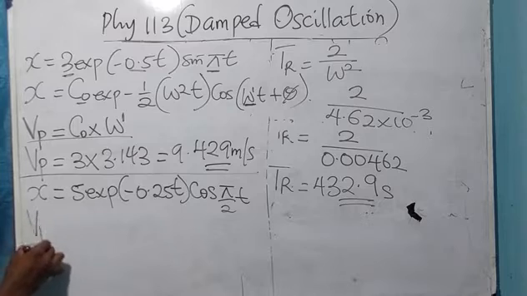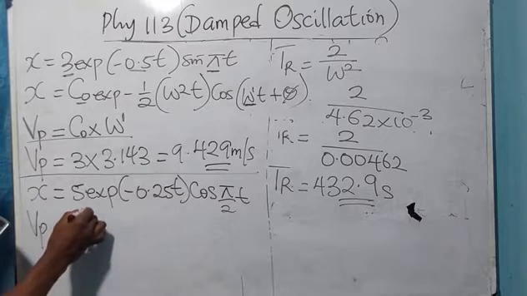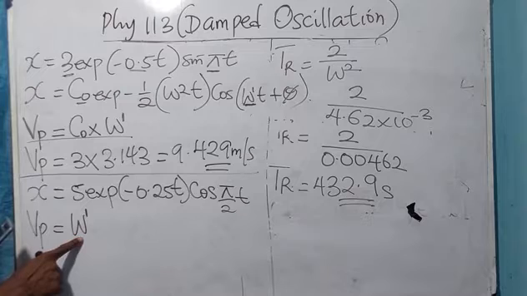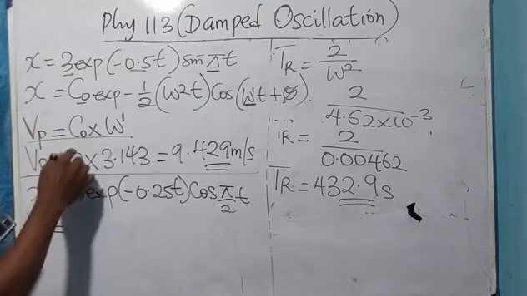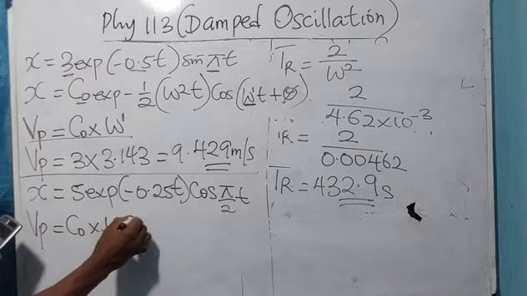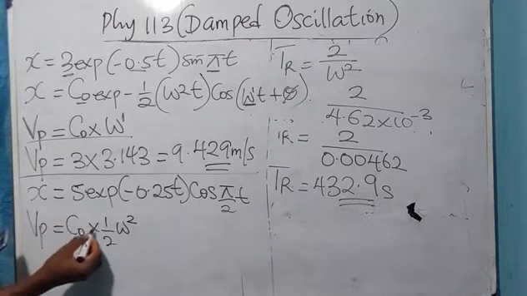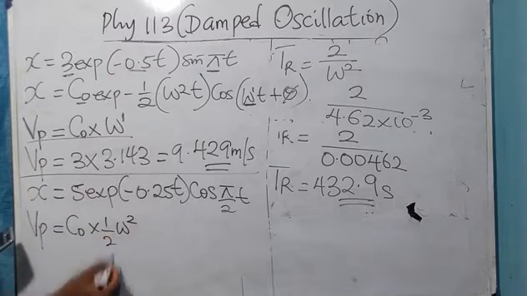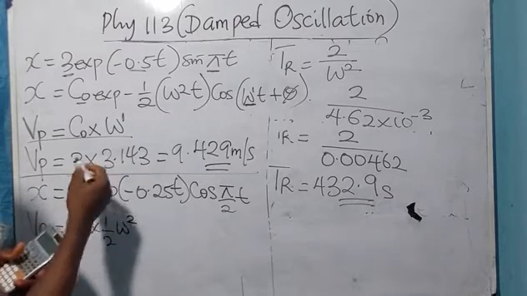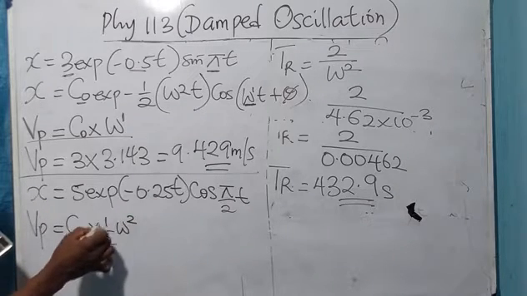So you say Vp equals W, the angular frequency, definitely that will come first, times the amplitude times 1 over 2 W squared. From the question you have it to be 0.25. So everything here is 0.25.